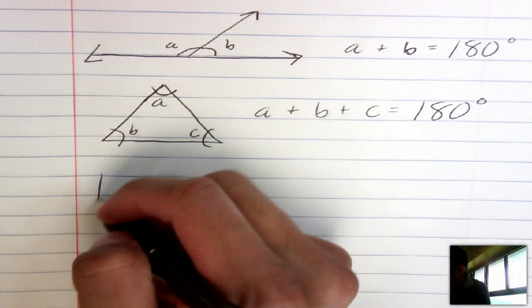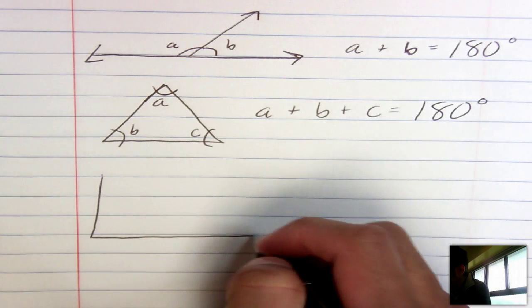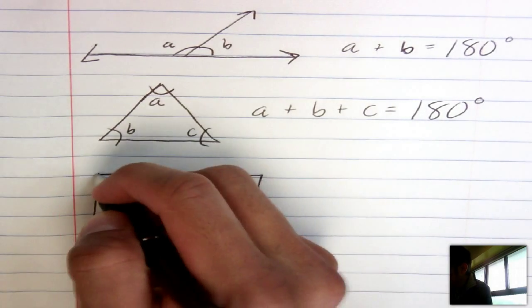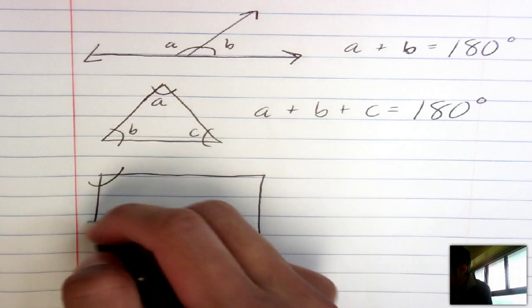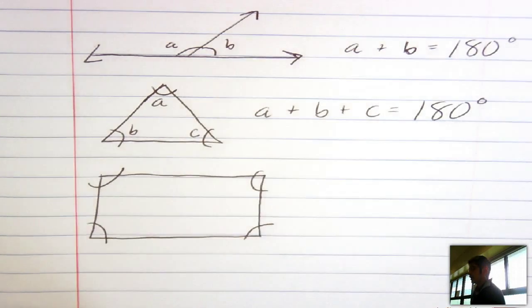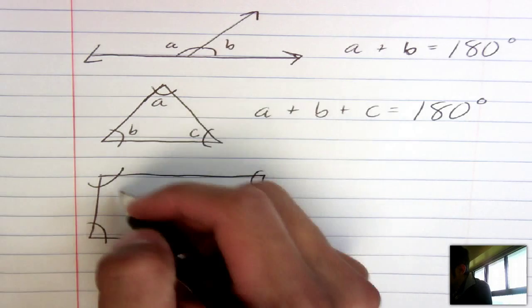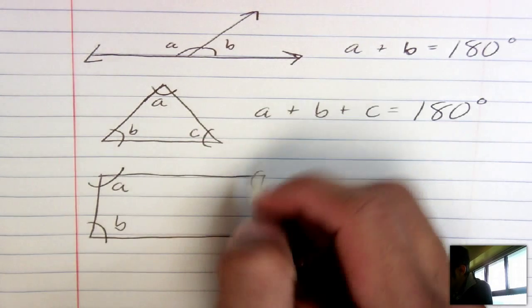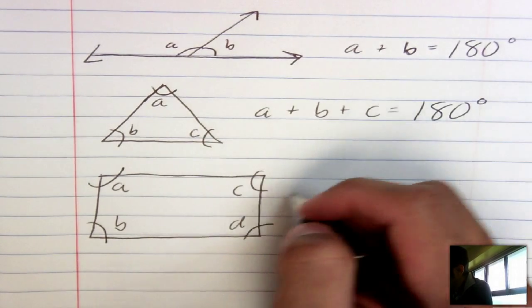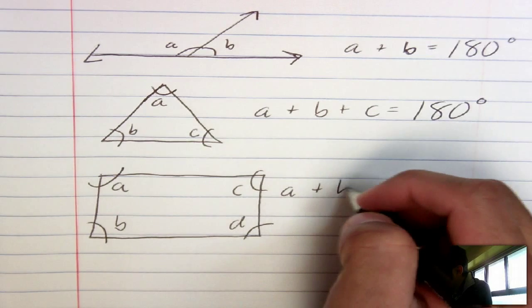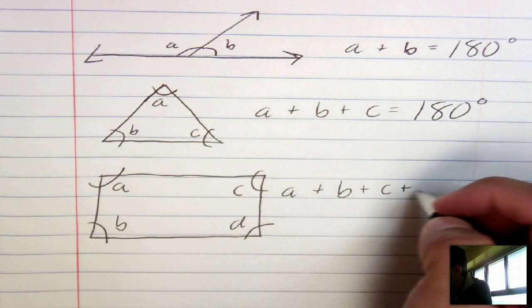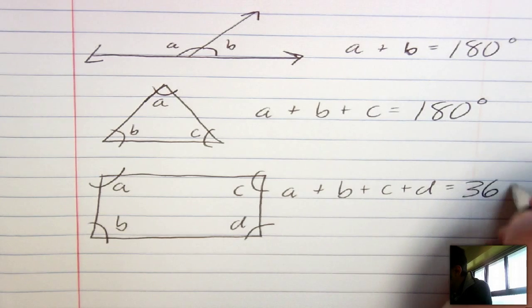For a rectangle, or a square is a rectangle, for any rectangle, or better said, a quadrilateral, anything with four sides, those four angles are going to equal 360 degrees. Okay, it's very important to remember as we go forward this week. So the four angles on a quadrilateral equals 360.